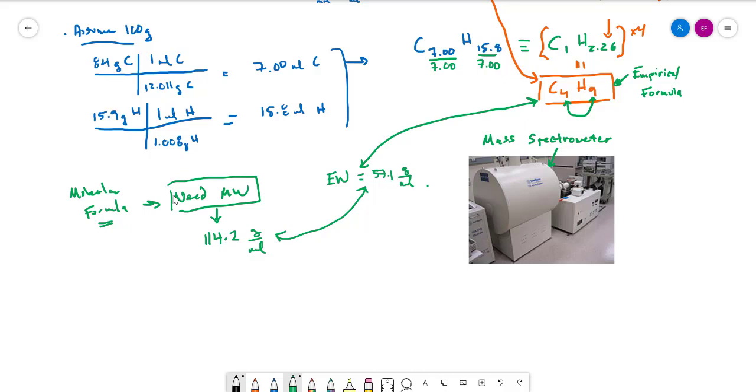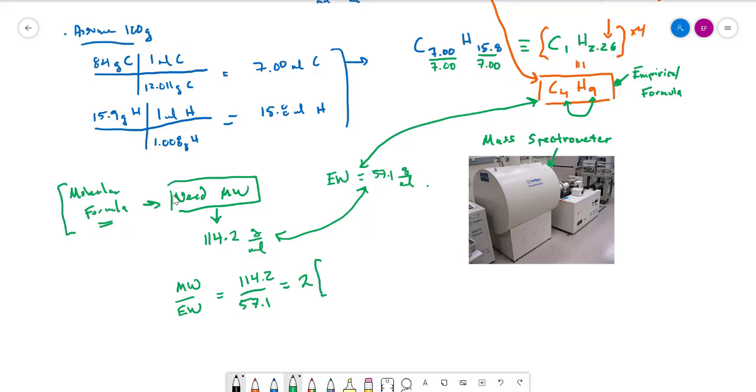So we can take the molecular weight divided by the empirical weight, in this case 114.2 over 57.1, and that gives me a factor of 2, which means the actual true molecule is 2 times the mass of this one.